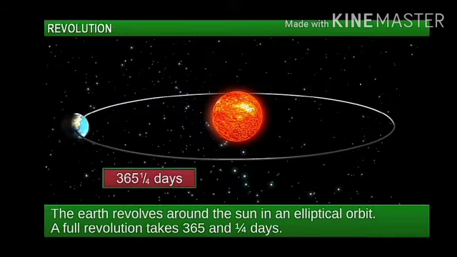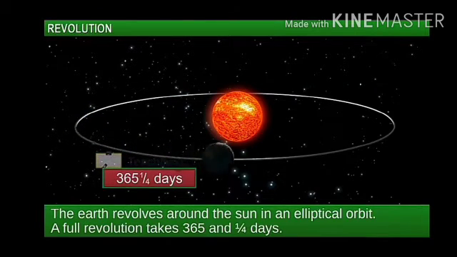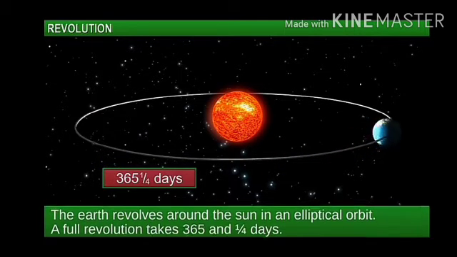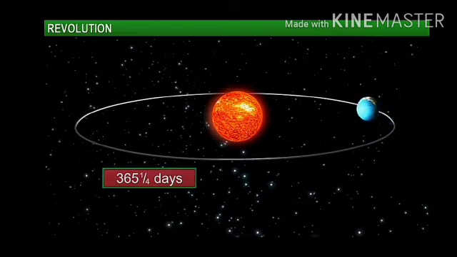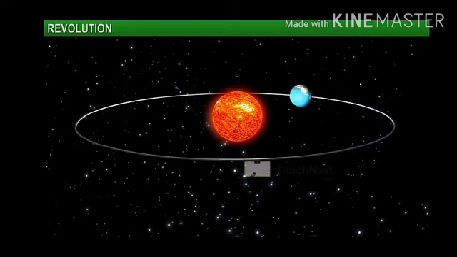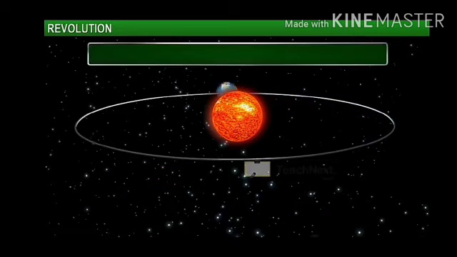One full revolution around the Sun takes exactly 365 and 1/4 days. For the sake of convenience, we ignore the quarter day, which is 6 hours, and think of a year as having 365 days.